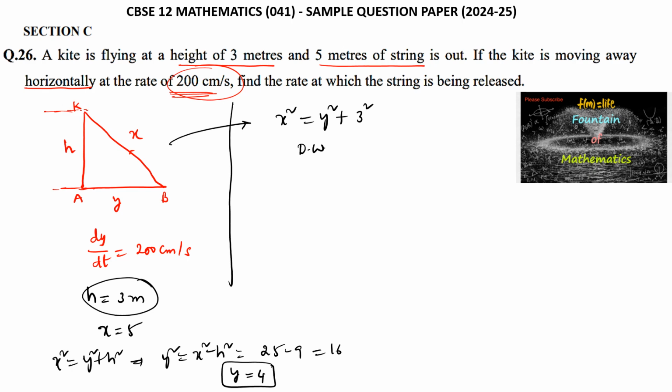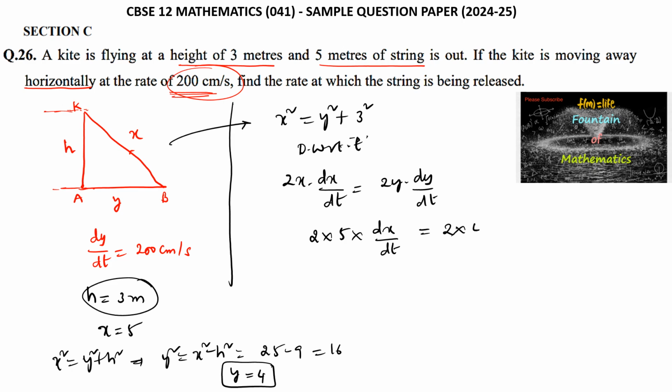Now differentiating with respect to t, we have 2x into dx by dt is equal to 2y into dy by dt, or we can write 2 into the value of x, which is 5, into dx by dt, is equal to 2 into the y value, which is 4, into dy by dt, which is 200 centimeters per second.